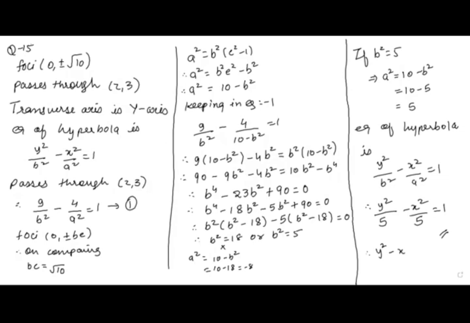I can write this as y square minus x square is equal to 5. I told you that if the value of a square and b square is the same, then the obtained hyperbola is called an equilateral hyperbola. So this is your equilateral hyperbola.